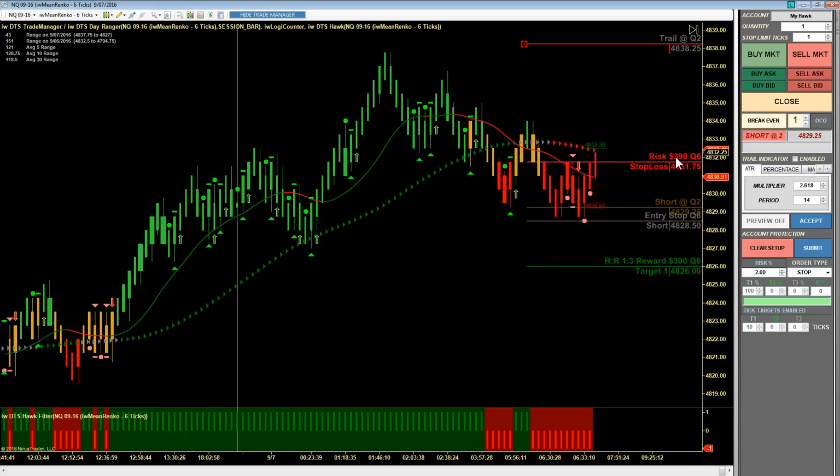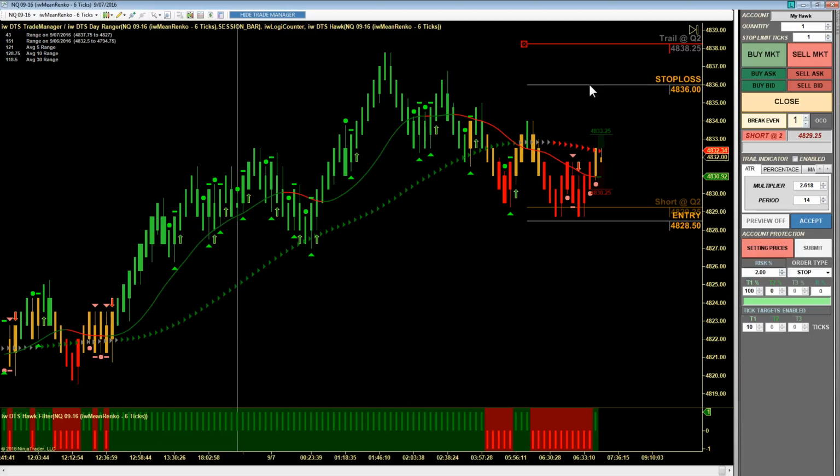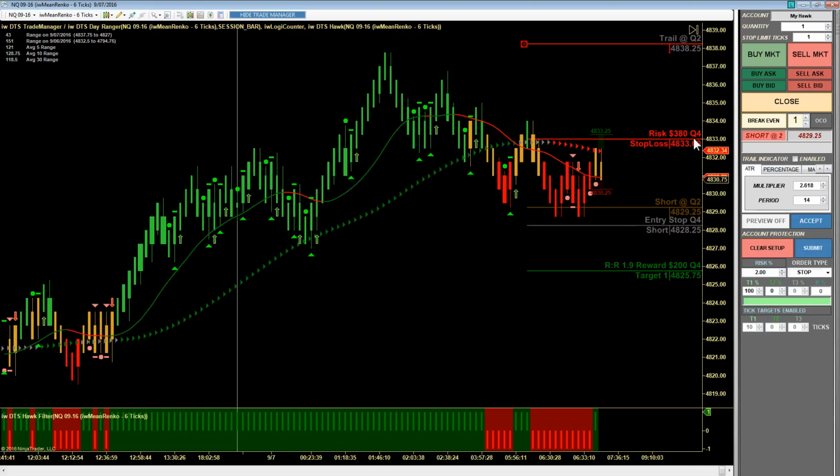So whether I place my stop here, notice the risk amount, $390, almost $400. Whether I place my stop here, okay, a little bit of a rounding error going on, but still around 300 bucks. The risk does not change. That's very important. What does change is your quantity.